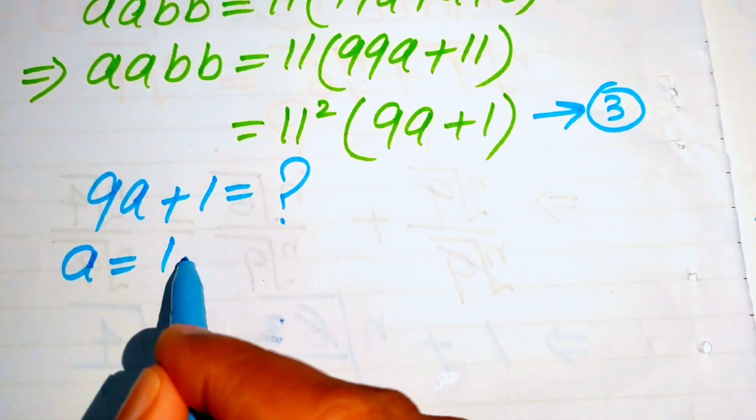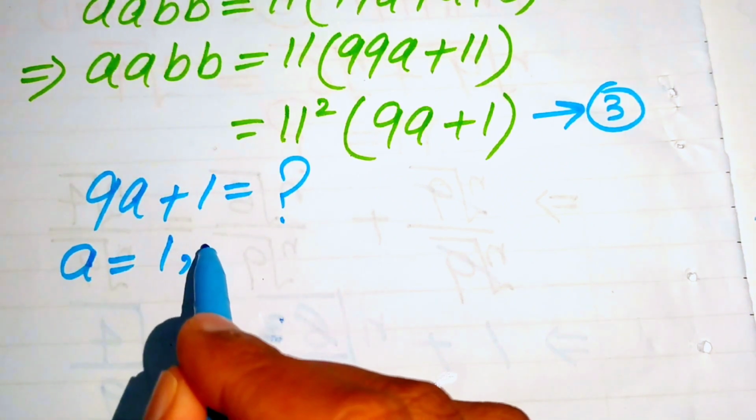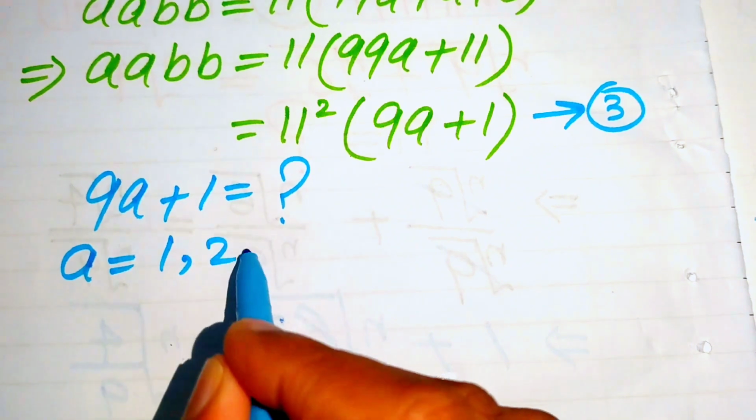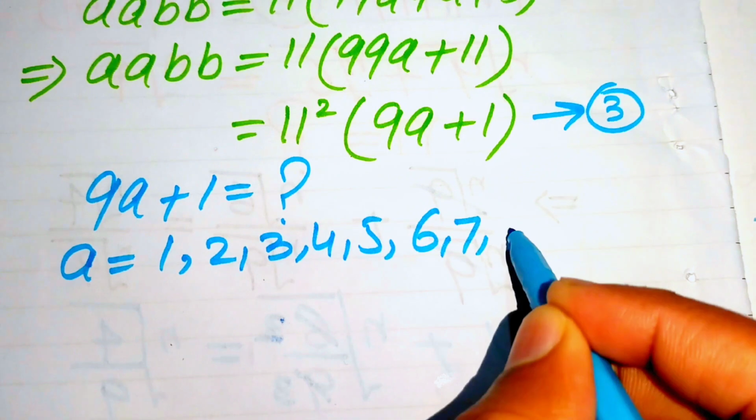We know that a is any value of the first 9 natural numbers: 1, 2, 3, 4, 5, 6, 7, 8, 9.